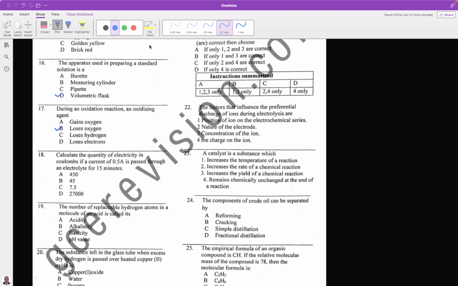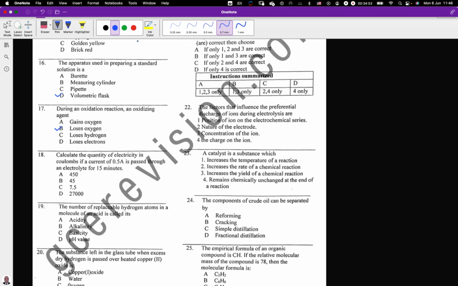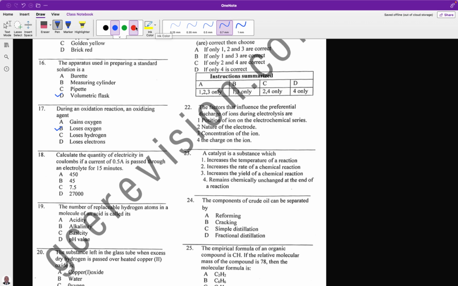And this proton, we are referring to the number of hydrogen atoms in that molecule. So, as the question reads, the number of replaceable hydrogen atoms in a molecule of an acid is called its acidity. So A is the right answer for our question number 19.